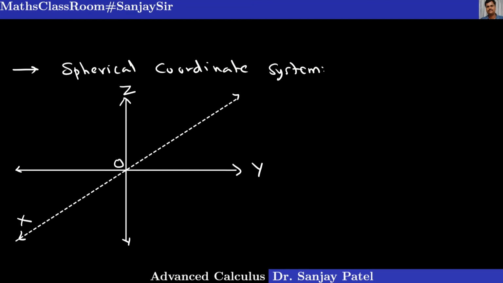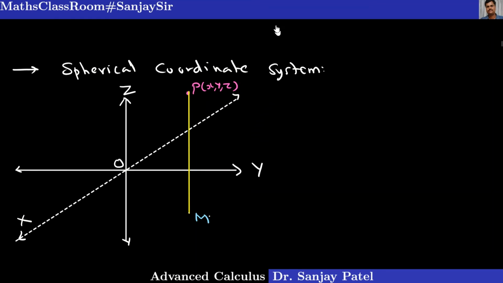Again I take a point P in the space whose Cartesian coordinates are x, y, and z, and I draw a perpendicular from this point P onto the xy plane. Suppose this is the foot of the perpendicular, which I would like to call M.